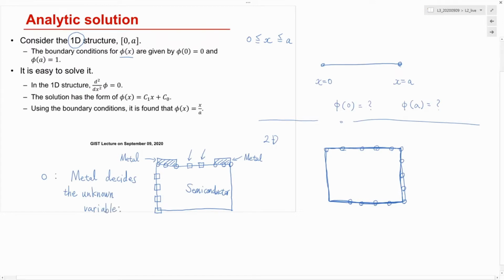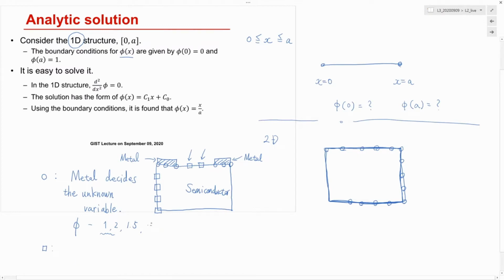So if we say the unknown variable is written as, for example, phi, then we can say at these circled points, phi equals certain values, 1, 2, or 1.5, something like that. This is possible. However, at these squared positions, metal does not play any role in its characterization.